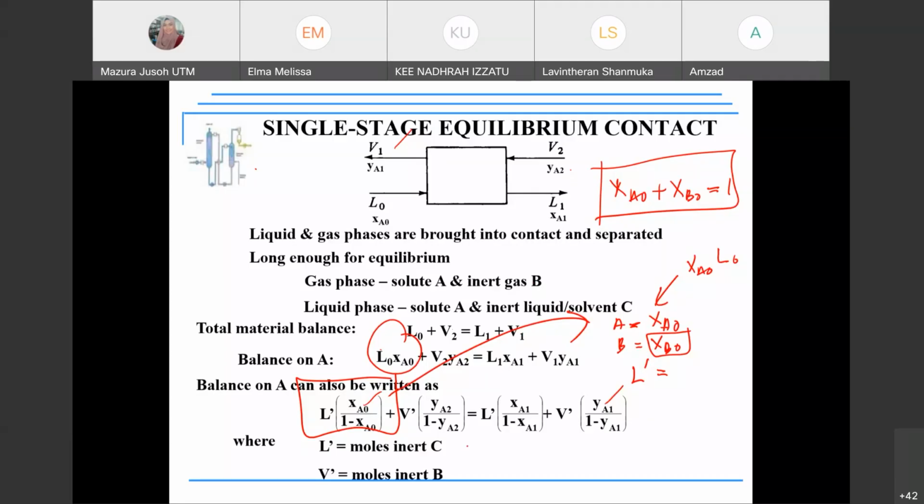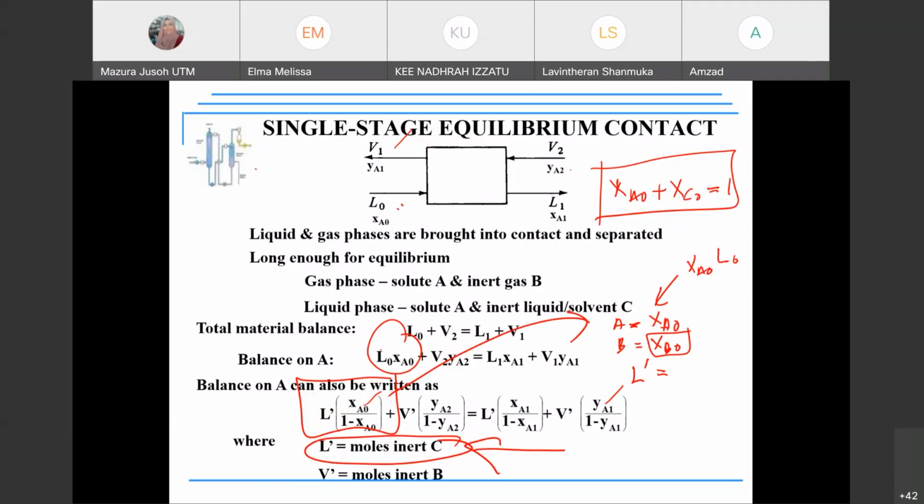Remember, L prime is, sorry, not B, C. Don't get confused. For the solvent, it's C, so this should be C naught. So what is the flow rate of C here?